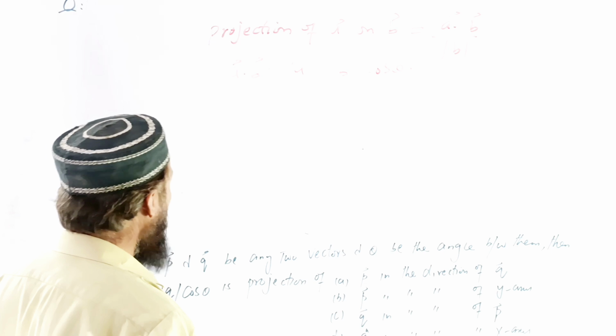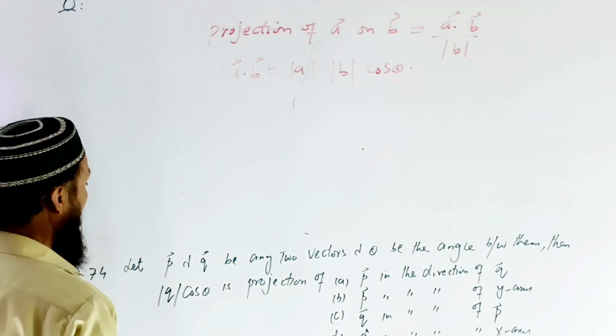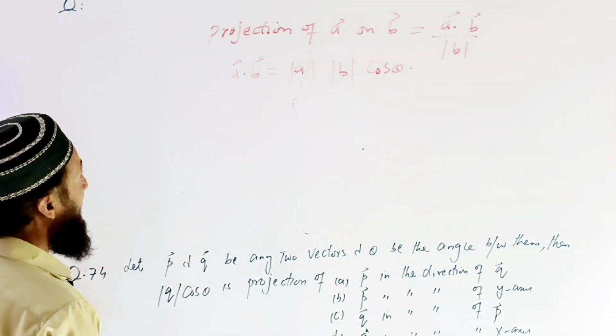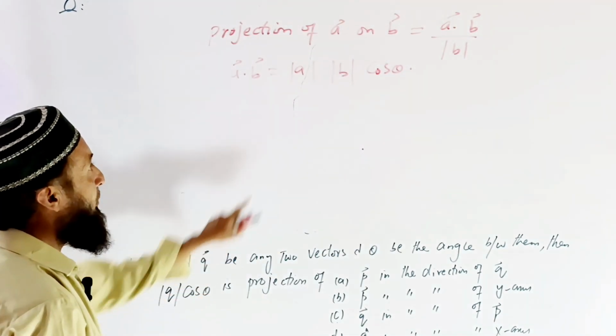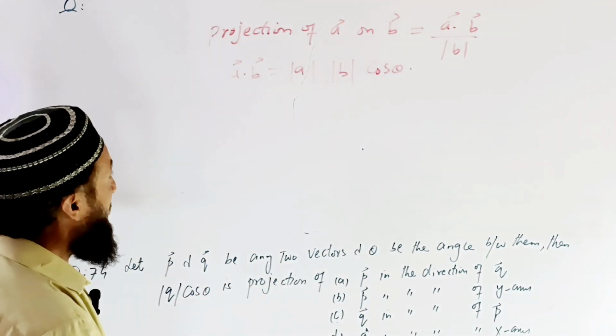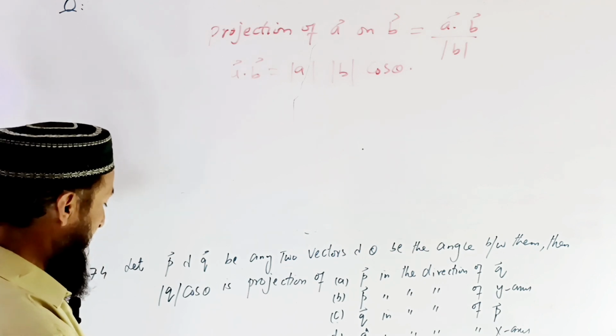Here the property is given in the form of this one; in place of A we use P and in place of B we use Q vectors. So the same result we will get here.